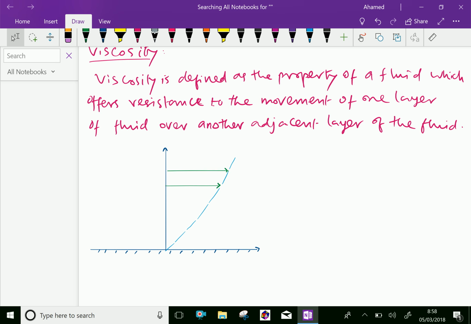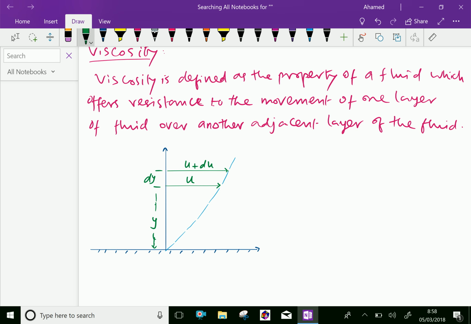Here this is the velocity of the inner layer, suppose it's u, and the next adjacent layer the velocity is u plus du. Now the distance between the two layers is, let it be dy. Now this is y distance from the center of the conduit.